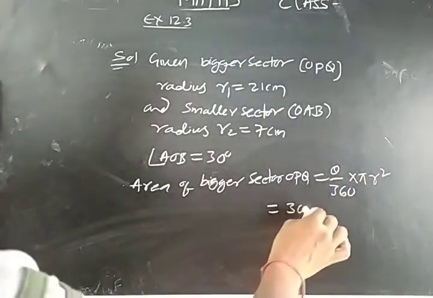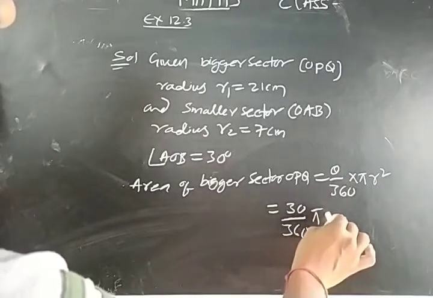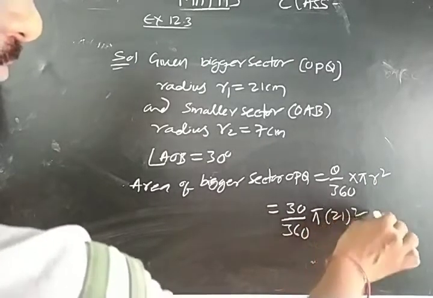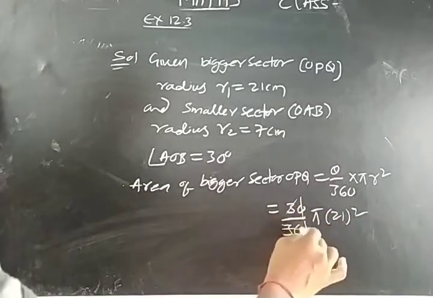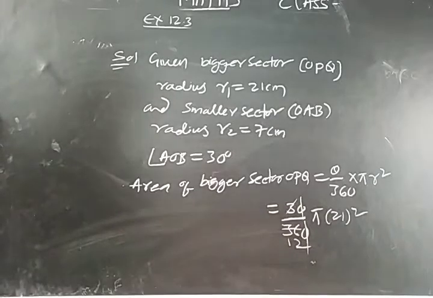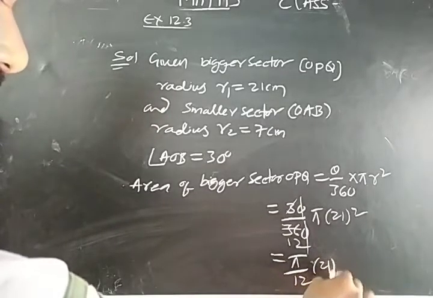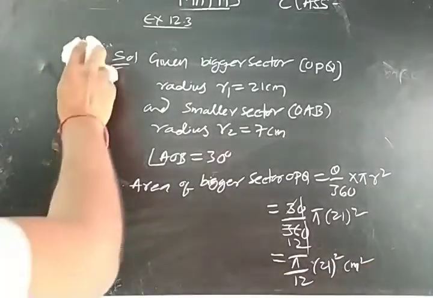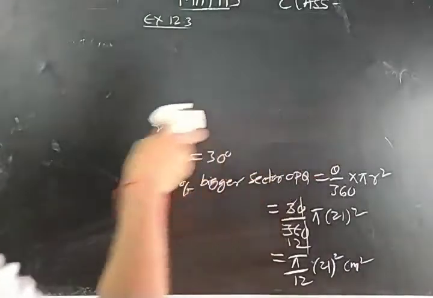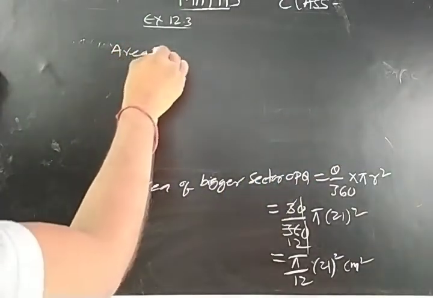Theta is 30 degrees by 360 into pi into r square, 21 square. Right? Zeros cancel, 3 on the 12. So this is pi by 12 into 21 square centimeter square. This is the bigger sector area. Now the smaller sector area.